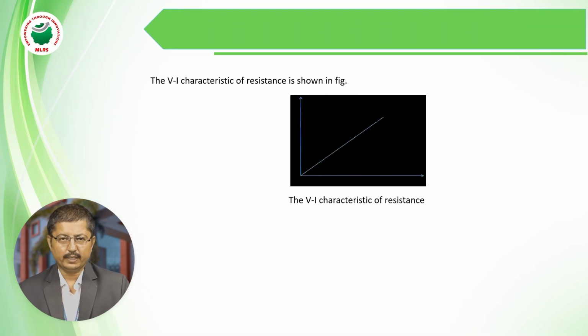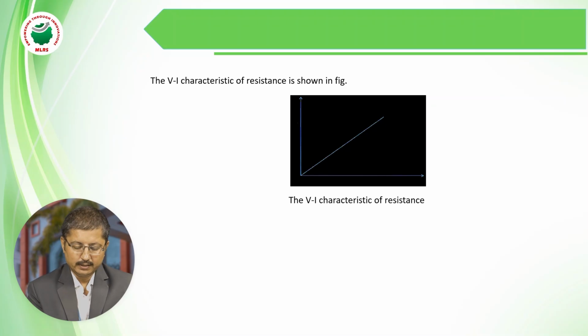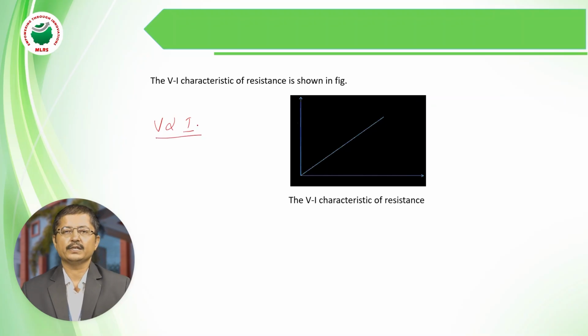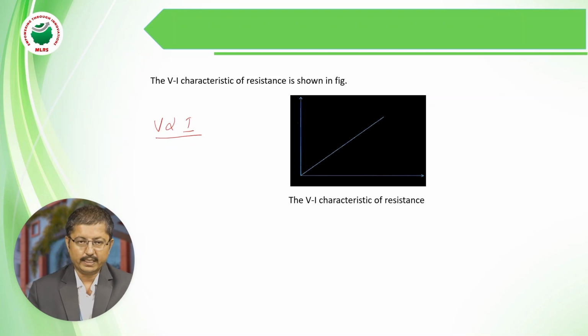Now, according to the definition of Ohm's law, V is directly proportional to I. That means there is a linear relationship between voltage and current. If you want to draw the characteristics of voltage and current from the definition of Ohm's law, then if you vary the voltage, the current also varies.